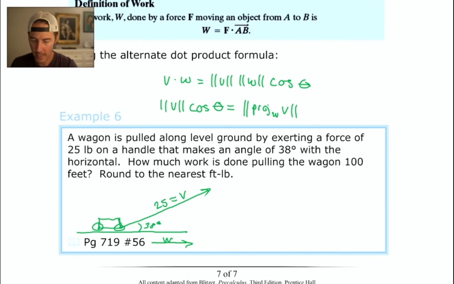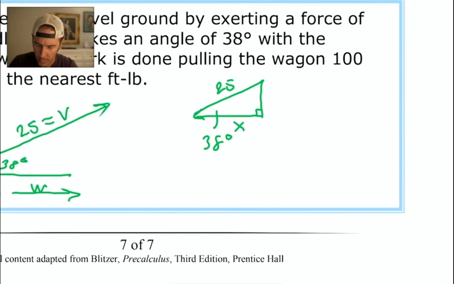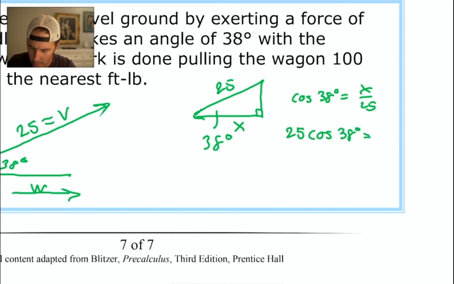And so just as we would have done if we were working with a triangle, and I mean weeks ago, if I gave you a right triangle like this, and I told you that this angle measure right here was 38 degrees, and that this hypotenuse was 25, and this was the right angle, wouldn't you find the length of this horizontal leg of the triangle by noticing that the cosine of 38 degrees was equal to x over 25, and then multiply both sides by 25 to get 25 cosine 38 degrees equals x?